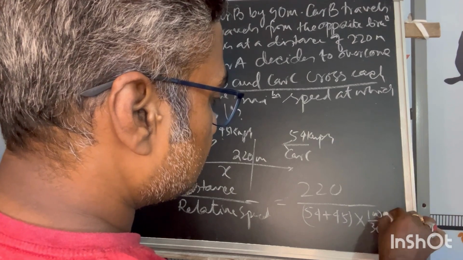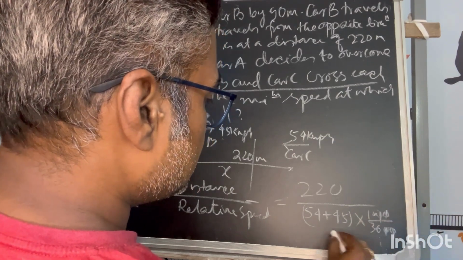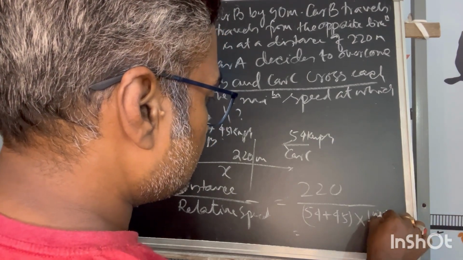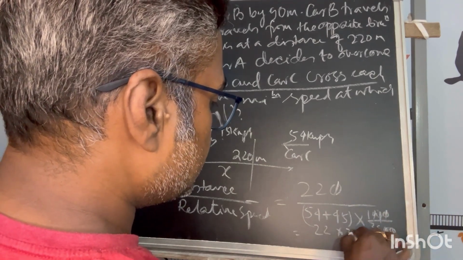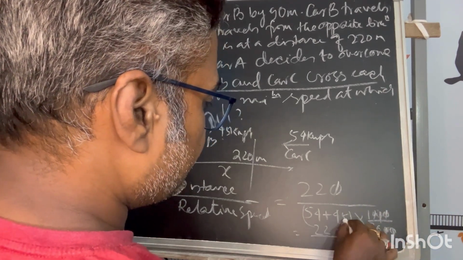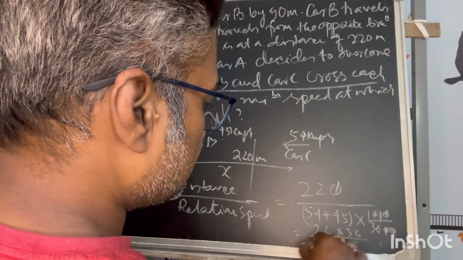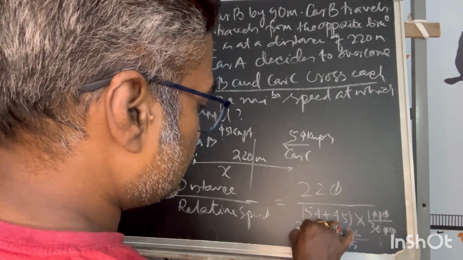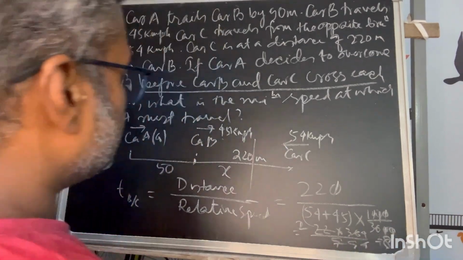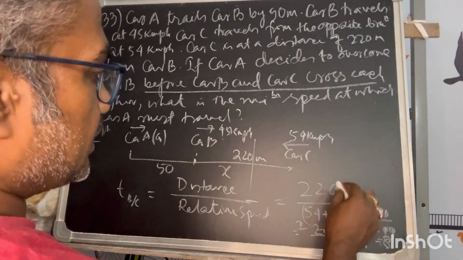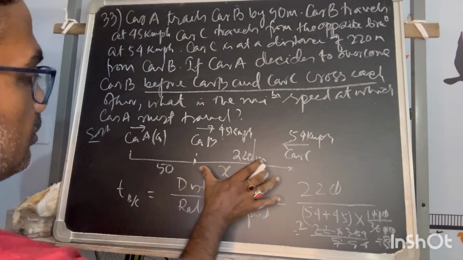So 220 into 18 upon 5 upon 99 equals 8. So 8 seconds will be the time in which they meet.